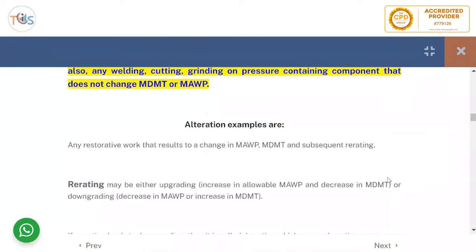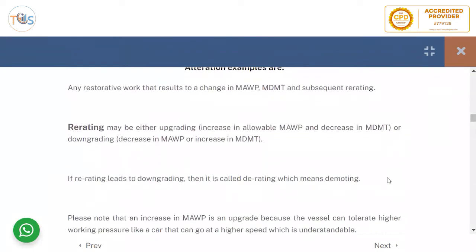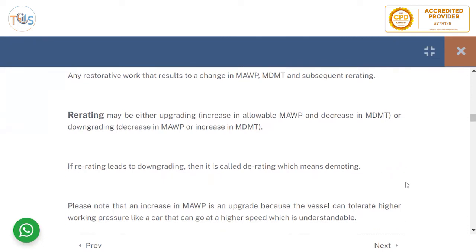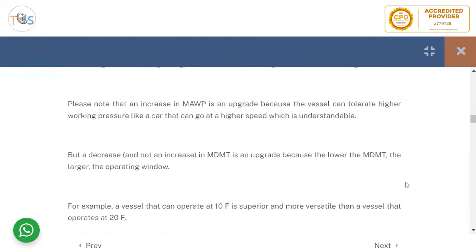Alteration examples are any restorative work that results in a change in IOW or MAWP. We talk about re-rating, which is a result of alteration, and derating, which is demoting the vessel. For example, if you increase the pressure, you're upgrading the vessel, but if you decrease the pressure, you're downgrading the vessel.